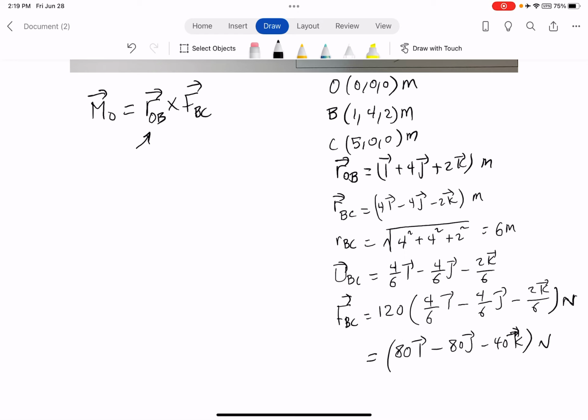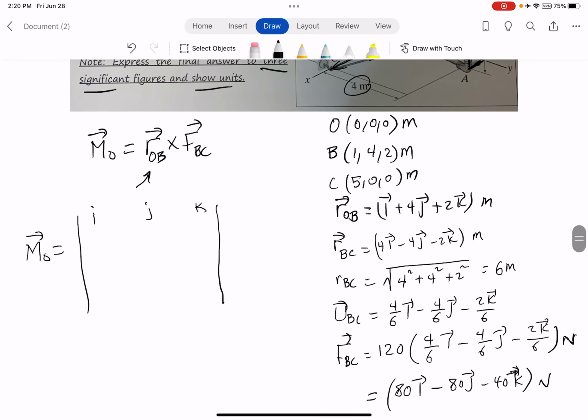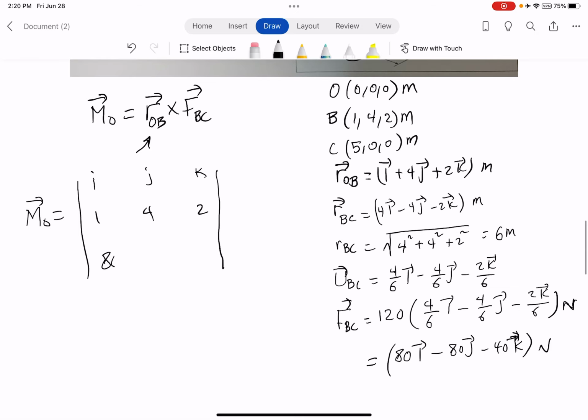So now we will do a moment around point O. Let's formulate the determinant I, J, K. The position vector, we took OB, so OB is 1, 4, 2, and then you put the force, 80, minus 80, minus 40.